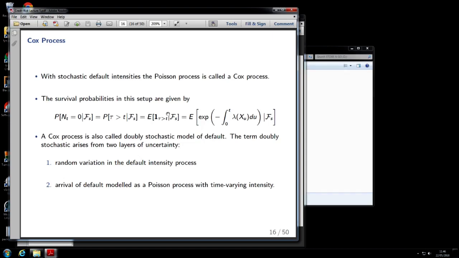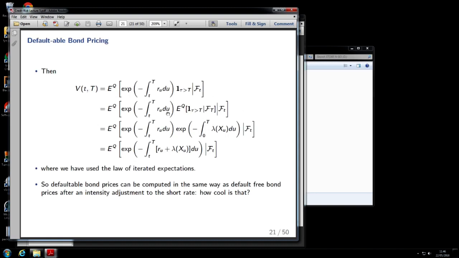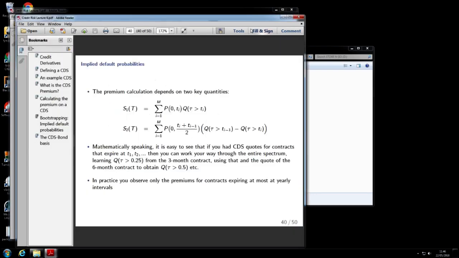What's the survival probability? So this is the expected value of this one. I argued it was this thing. Then I said, let's take that idea, take the indicator, put in iterated expectations, and here we're computing it between t and T. So the only difference between this and this is just notation.